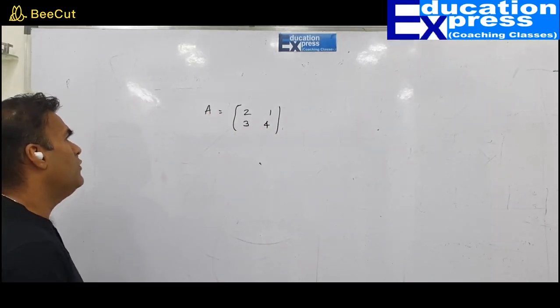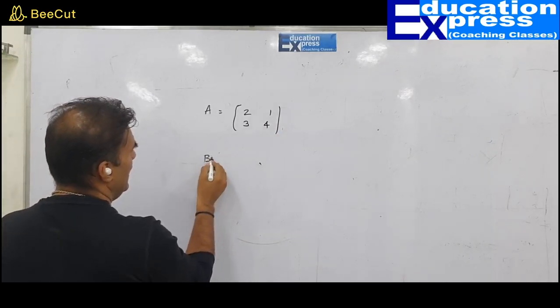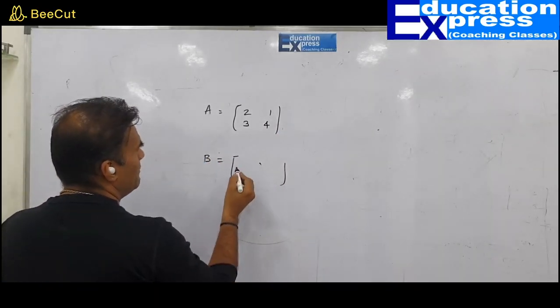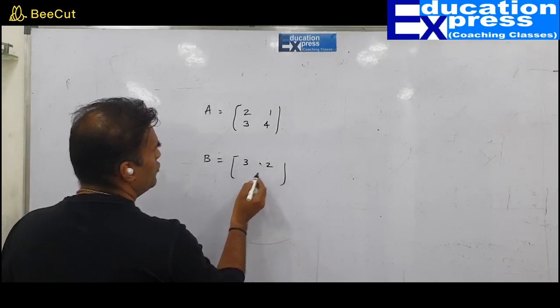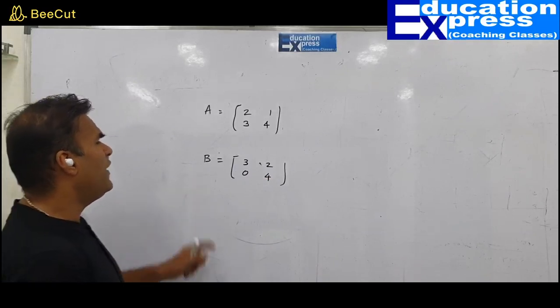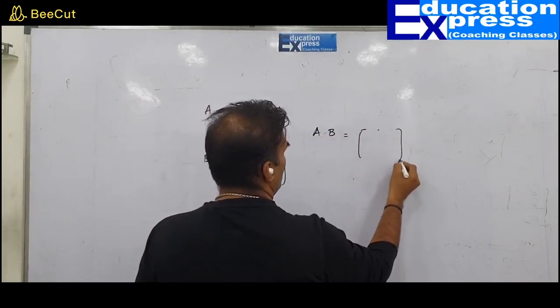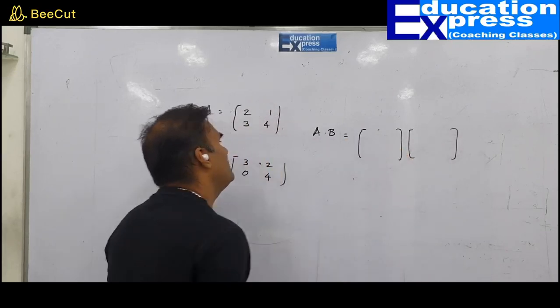I want to find the product of A and B, where B is 3, 2, 0 and 4. I want to find out the product AB, matrix A multiplied by matrix B.